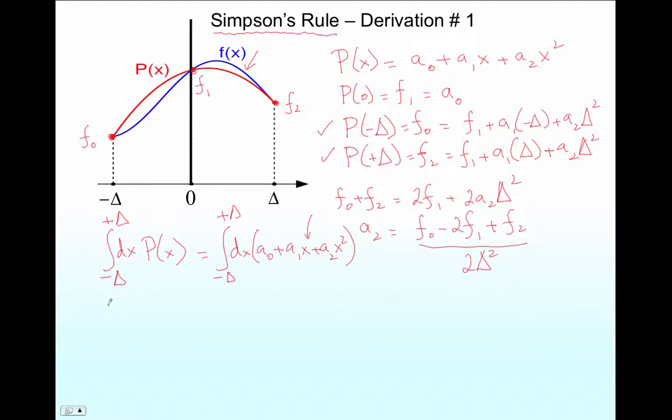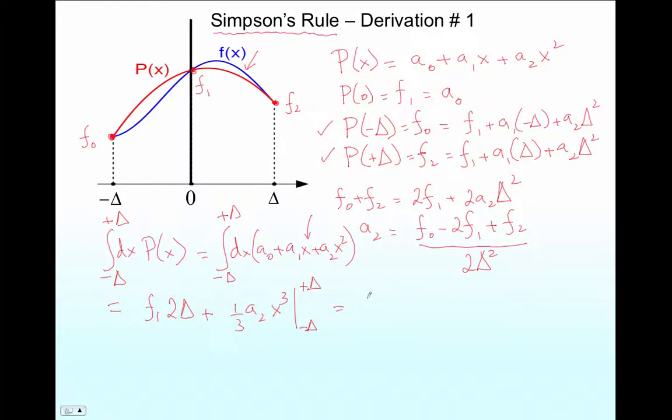The only thing that remains is a0 into 2 delta, but a0 is f1, so that's f1 into 2 delta. Then the next thing we need to do is integrate x squared, so we'll get 1/3 a2x cubed from minus delta to plus delta.